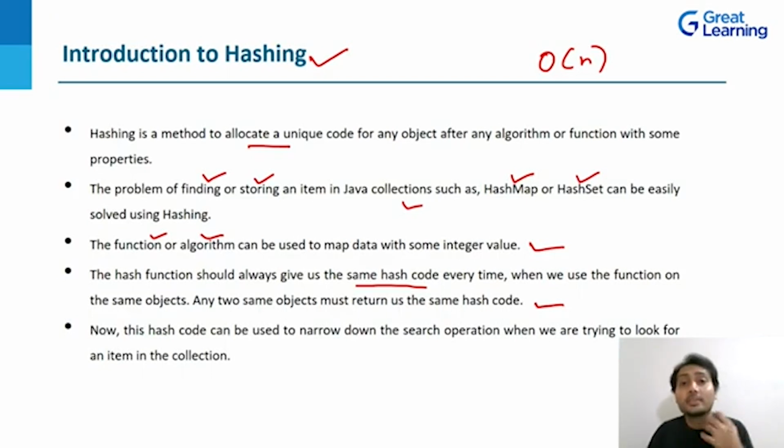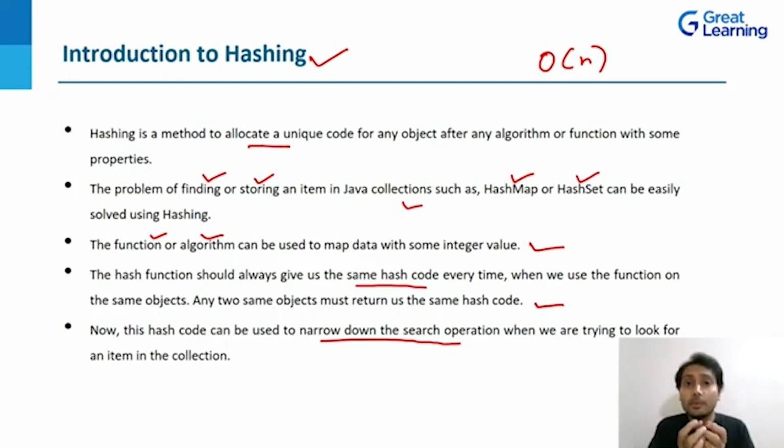Now, what is the use of this hash code? It will narrow down the search operation, right? So in a linked list, if you want to search for a particular item, you might get it in the first location, the middle location, the last location, or anywhere. But the problem is, in the worst case, you have to traverse till the end.